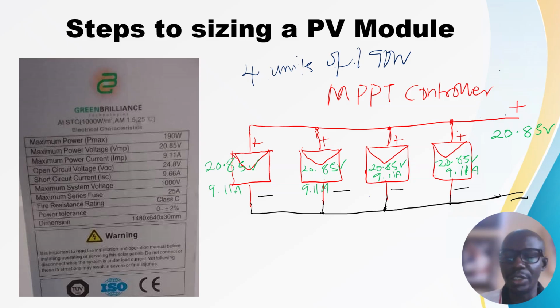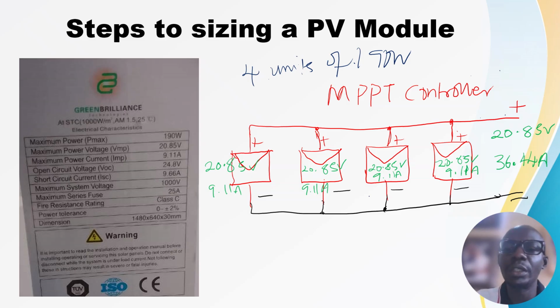If you are adding the current, you're having 9.11 times 4, so you are having 36.44 amps.